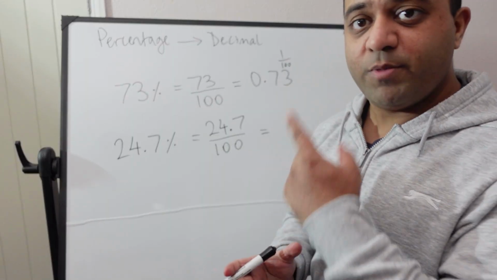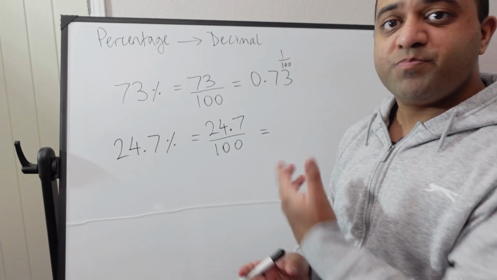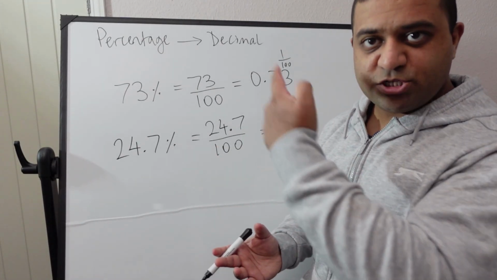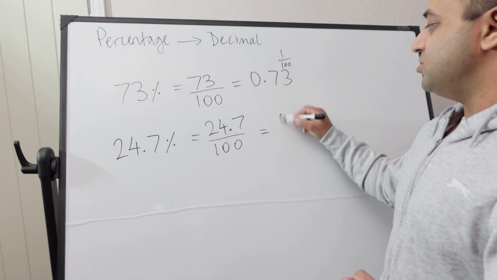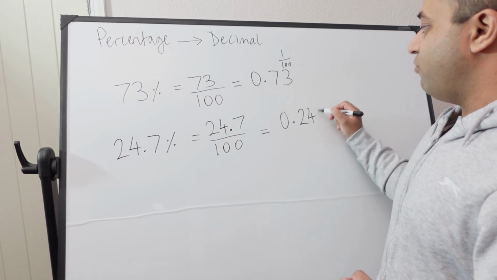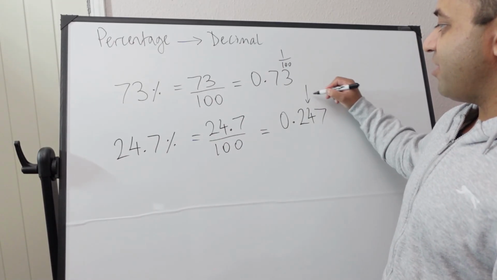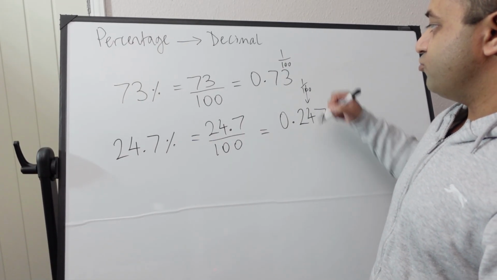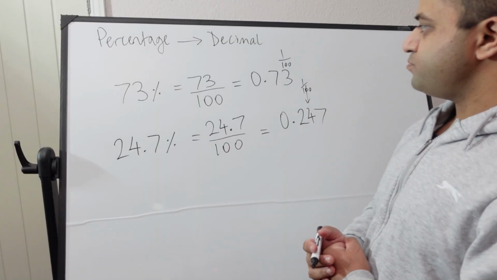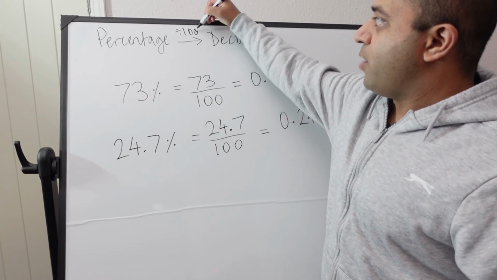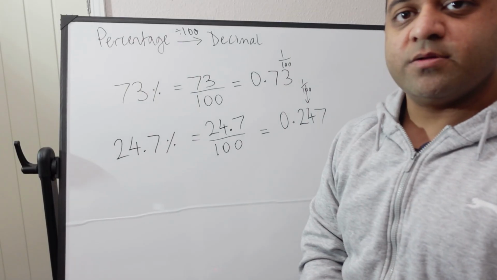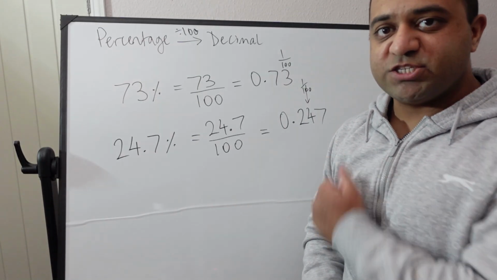So if the rule from earlier was to multiply by 100, we can just divide by 100 and shift the decimal point 2 places back to get 0.247. And remembering that this is still the 100ths position. So essentially, divide by 100 gives us the conversion from percentage to decimal.